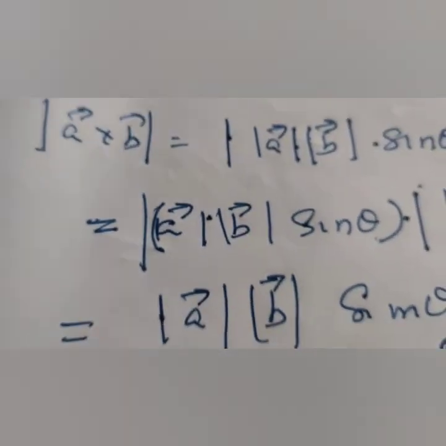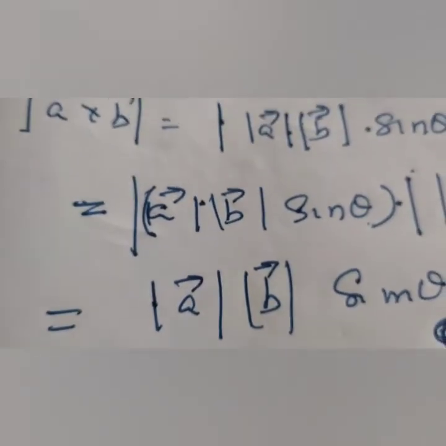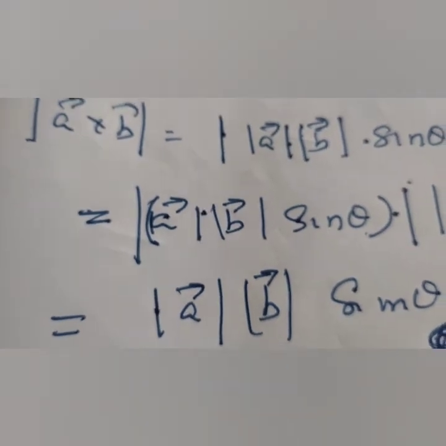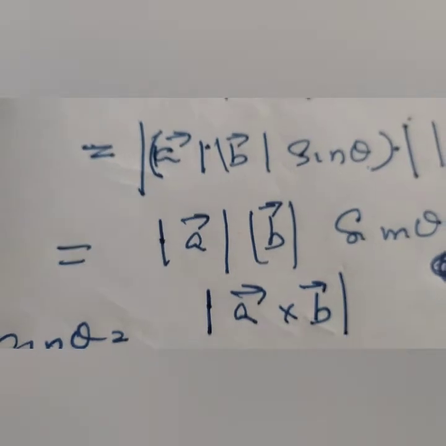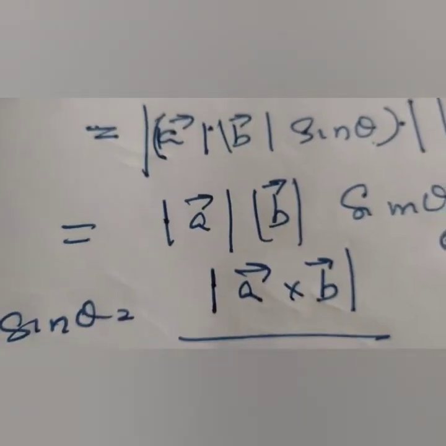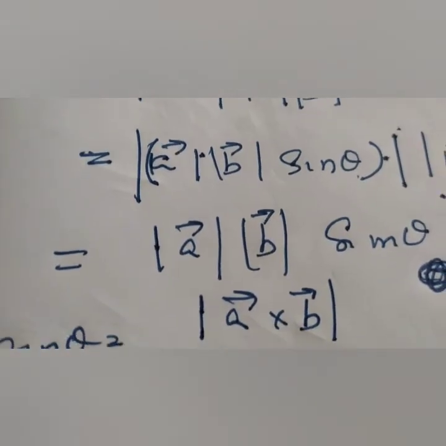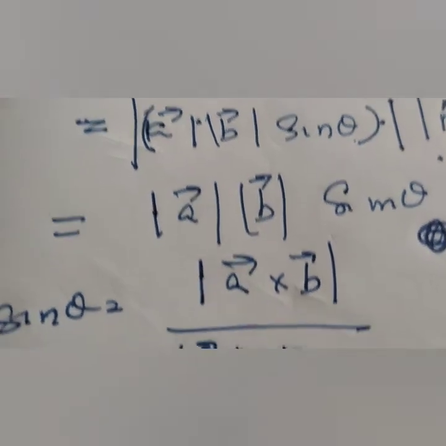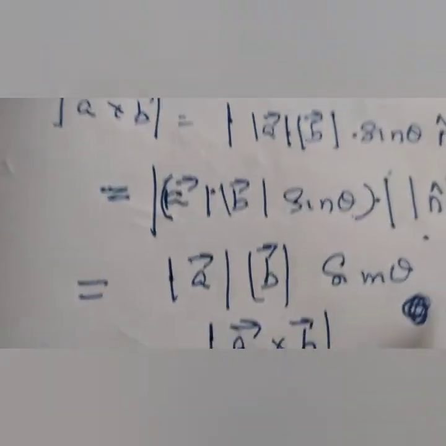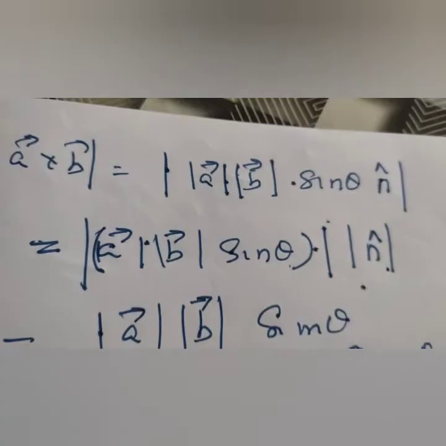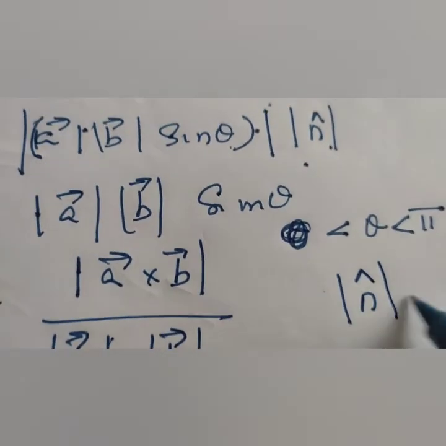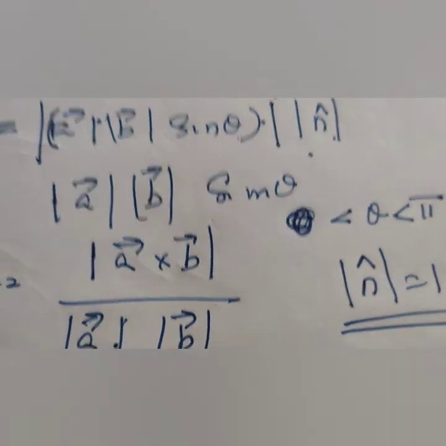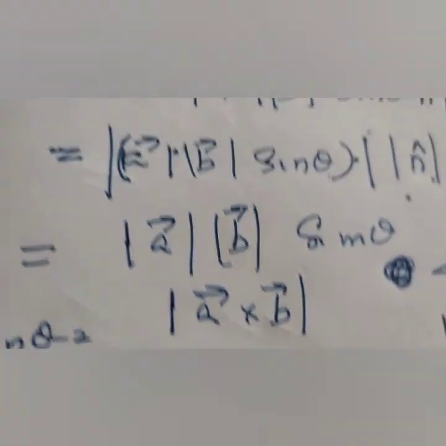Now sin theta is equal to the modulus of A cross B divided by the modulus of A into the modulus of B. Remember, the modulus of a unit vector is 1. Remember this.